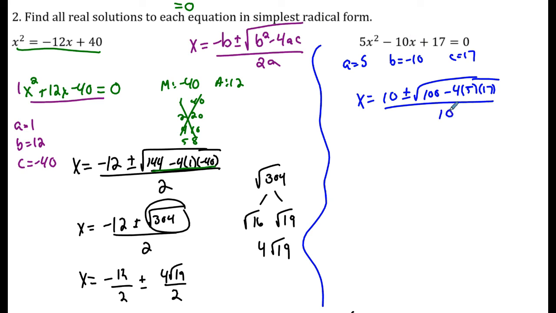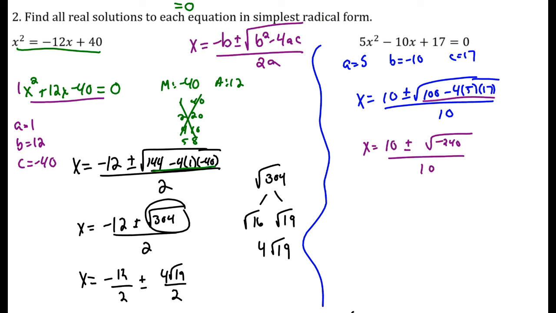I come over to my handy dandy calculator and I type in the discriminant. If you want to sound fancy, you say the word discriminant. So 100 minus 4 times 5 times 17. And I get x equals 10 plus or minus the square root of negative 240 all over 10.